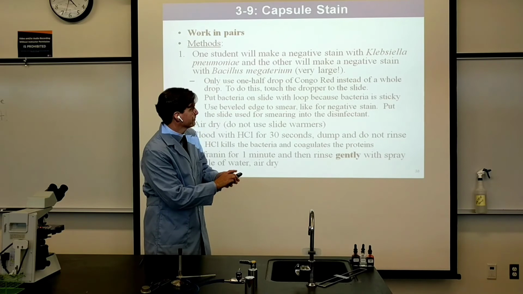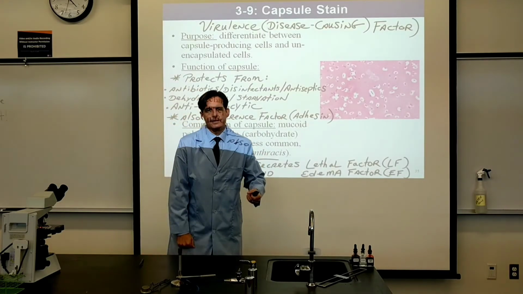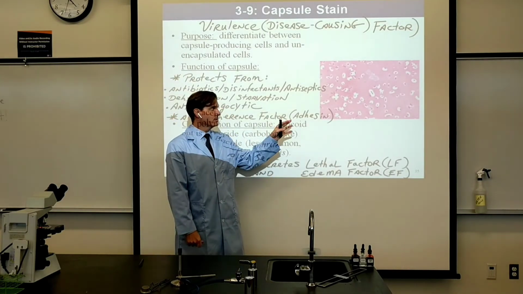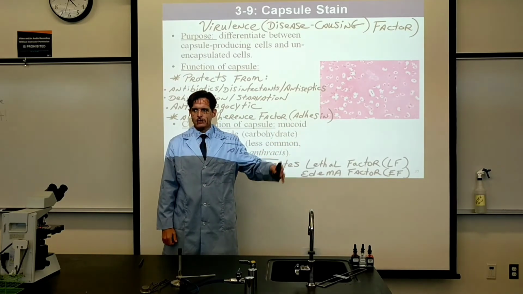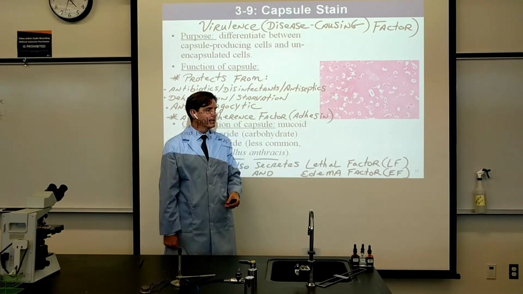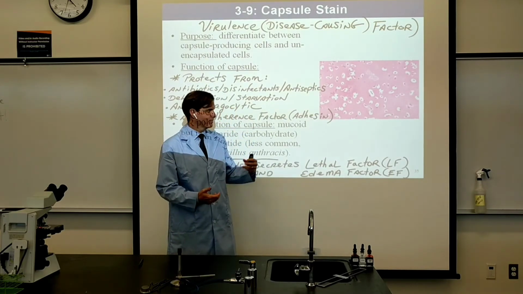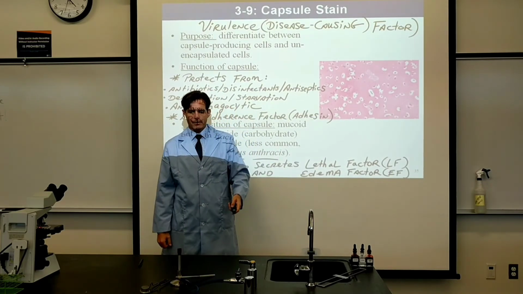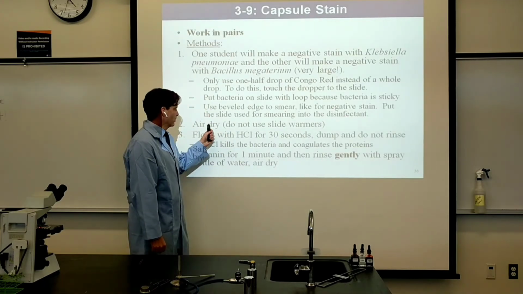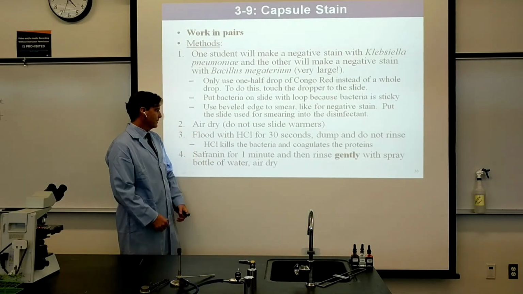Capsules are actually heat sensitive. So if you were to use some sort of heating mechanism like a slide warmer or a flame, it would shrink these capsules, and effectively it would make for a bad capsule stain. It might ruin the capsules. So we don't use heat. We have to be patient about the air drying.